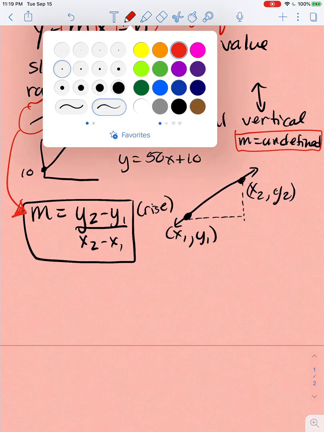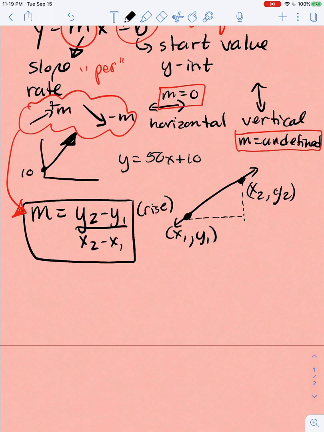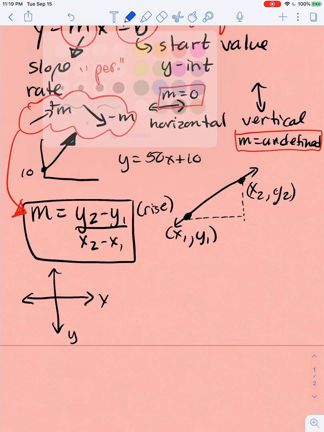So let's take a look at that, because that is something that people commonly get wrong. If this is x and this is y, and you decide that you're going to draw in a horizontal line, that is only crossing the y-axis at some value n.